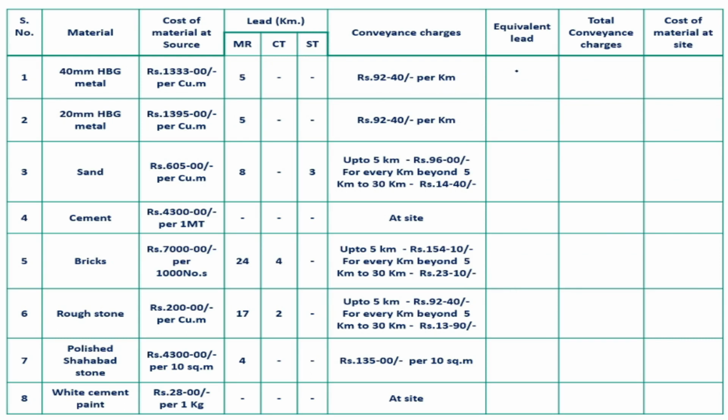Calculate the equivalent lead. So these are the actual distances from source to site. Here MR is metal road, CT is cart track, ST is the sandy track. So it is taken in a metal road, and this equivalent lead is as it is, 5 kilometers.